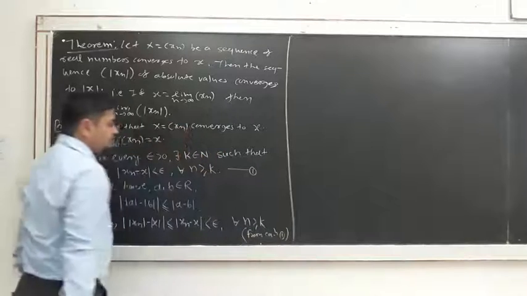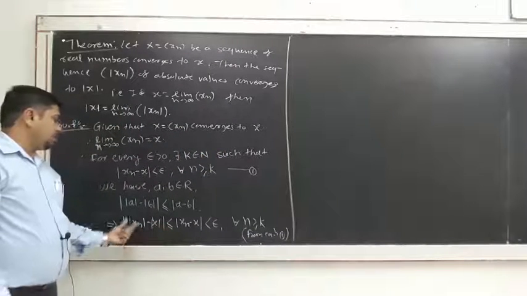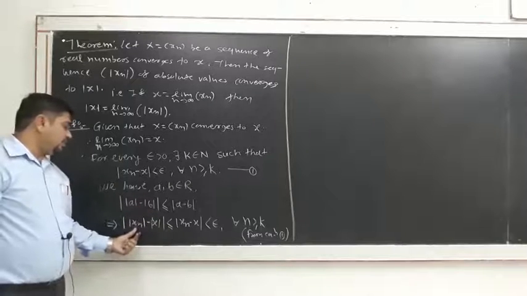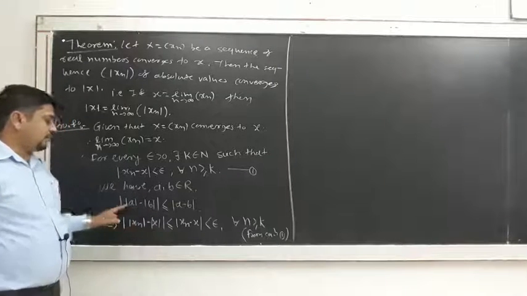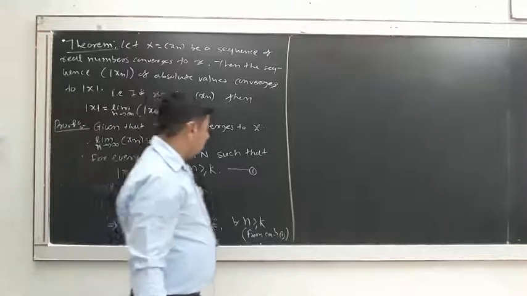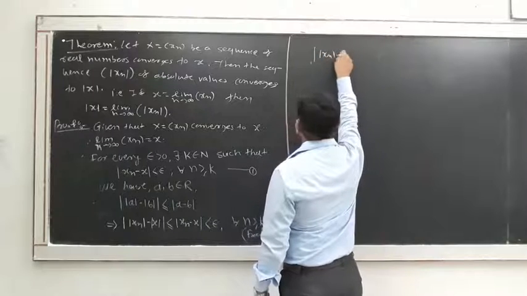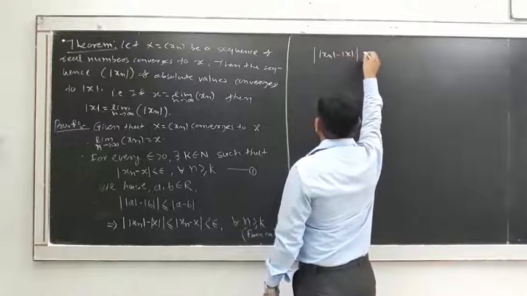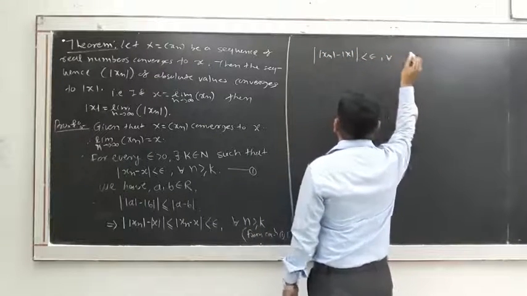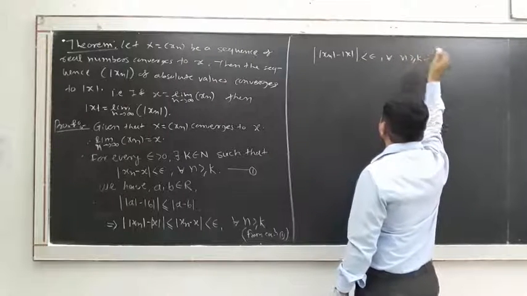So from equation 1 we can write that this term is less than or equal to |xn − x| by using this inequality, and therefore ||xn| − |x|| < epsilon for all n ≥ K.